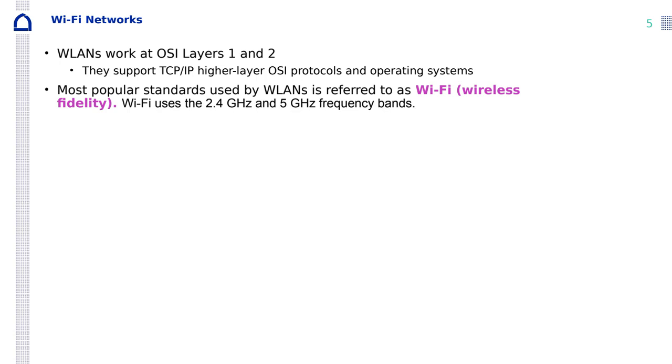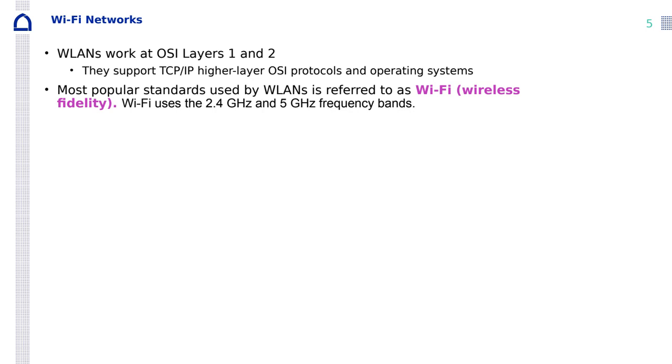Wireless, WLAN meaning wireless. They are effective at OSI layer 1 and 2. And they support TCP, IP, higher layers, protocols, and operating system. The most popular standard used by WLAN is referred as Wi-Fi.